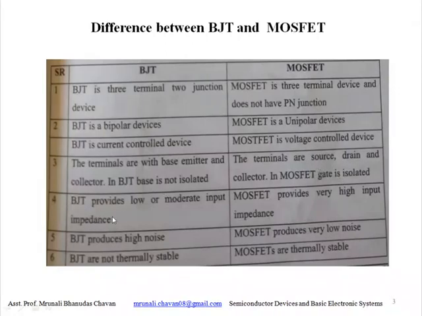Next, BJT provides low or moderate input impedance, while MOSFET provides very high input impedance. Why? Because there is an SiO2 layer placed on the substrate.